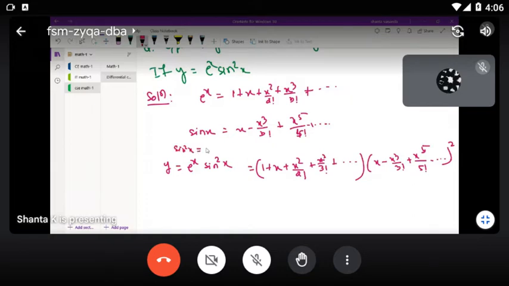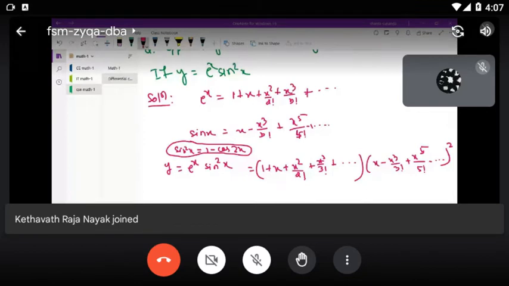Okay. 1 minus cos 2x. So here cos 2x will be 1, and that one will be cancelled. You can write down the series of cos 2x. This is also one of the ways. Okay. You can try. Since I have written, I'm doing it this way. So here 1. Okay.